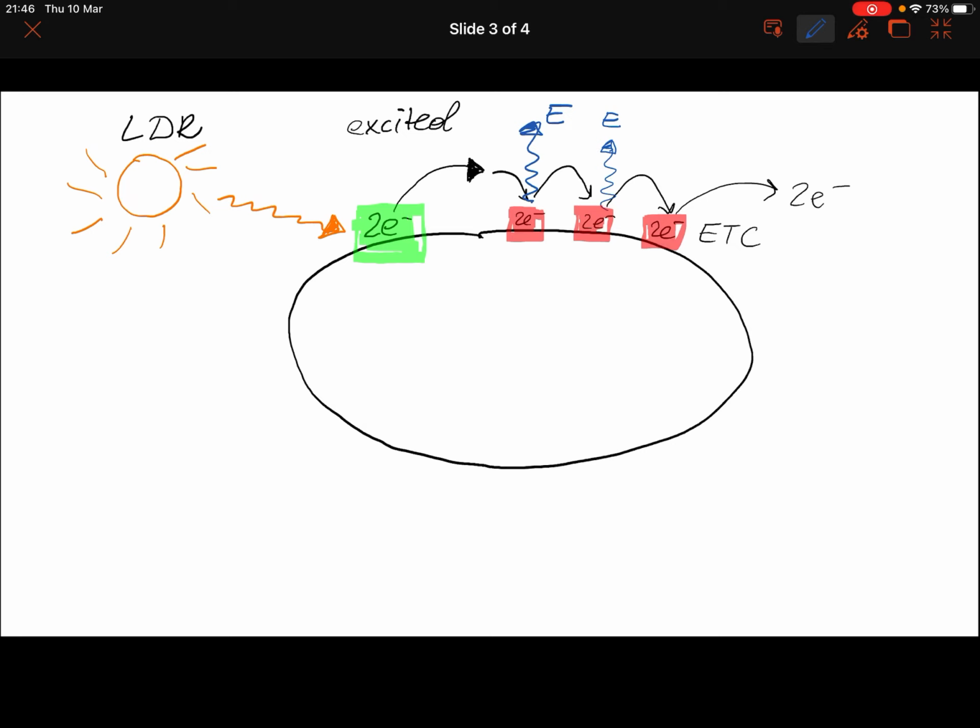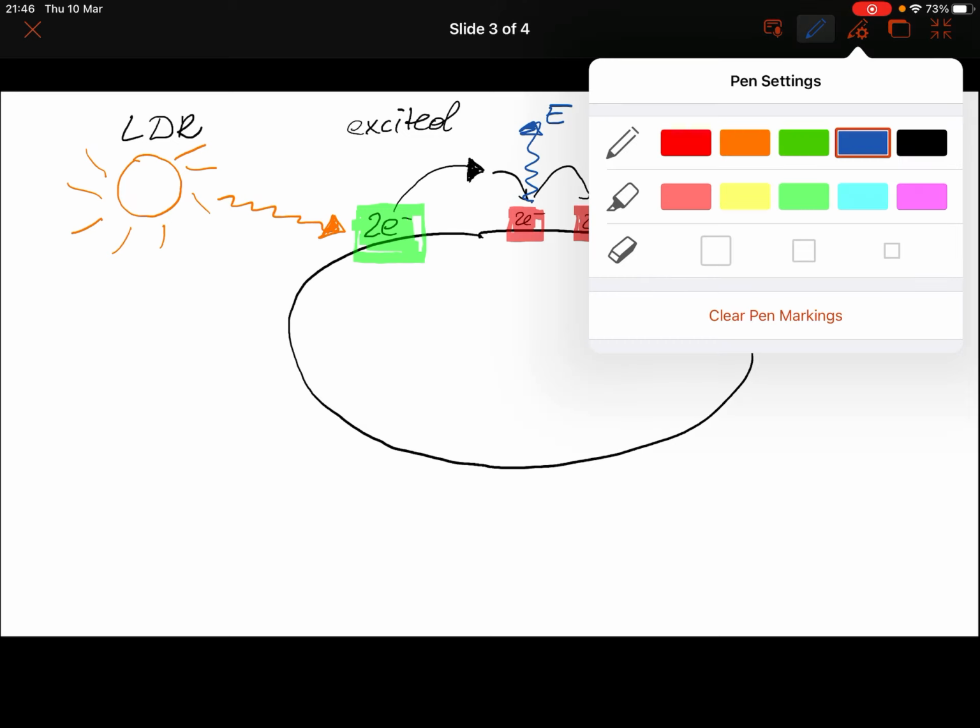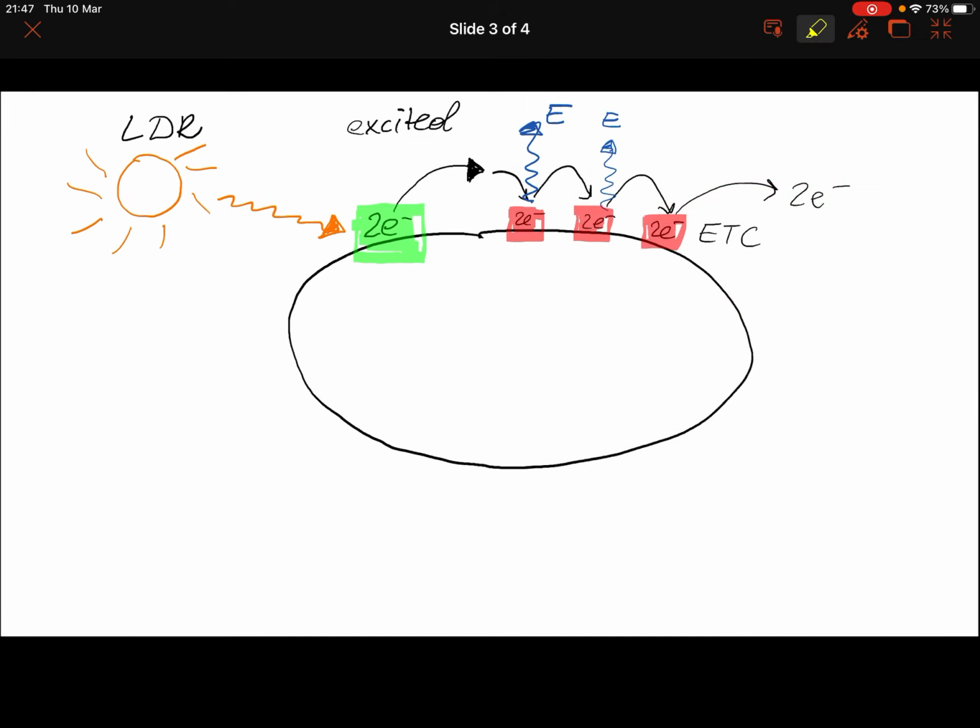This energy is really useful because as much as we are working in the thylakoid membrane, outside of the thylakoid membrane, if you remember, we've got stroma. So all this space outside here, it's stroma.